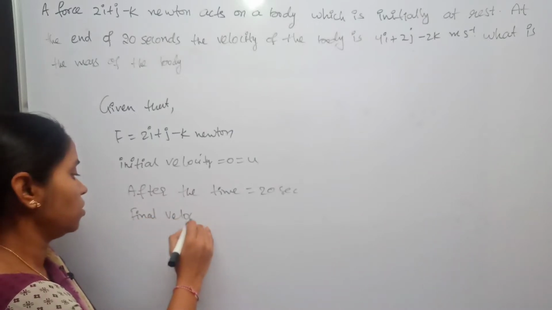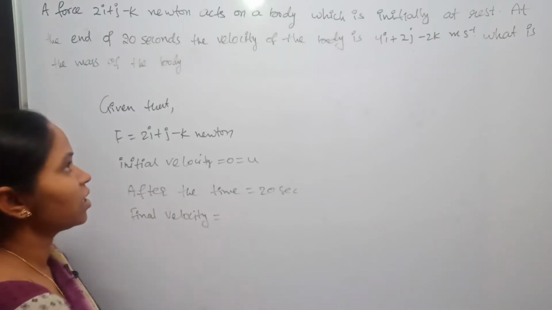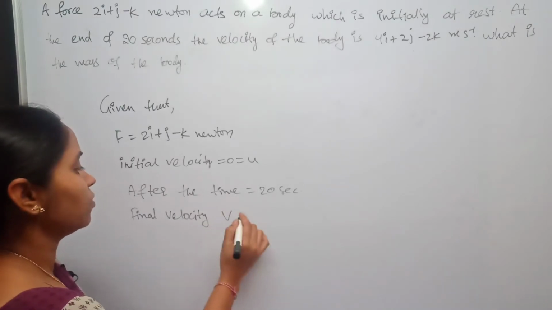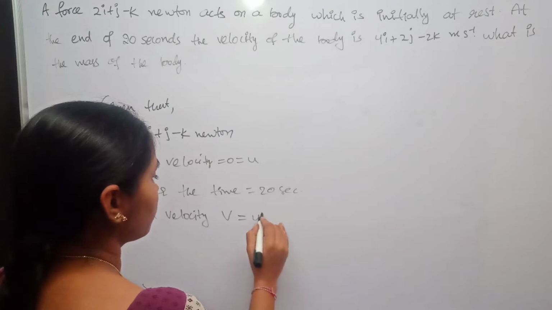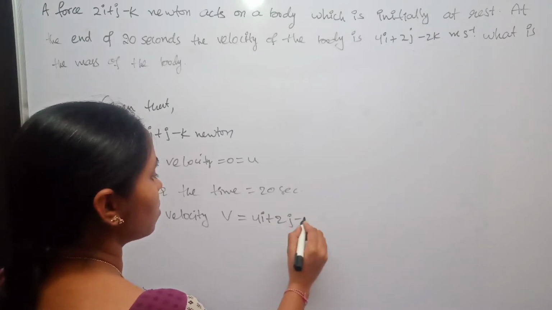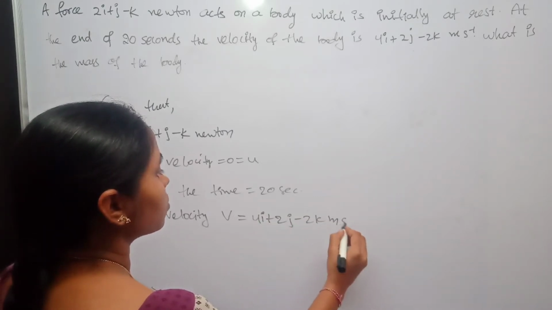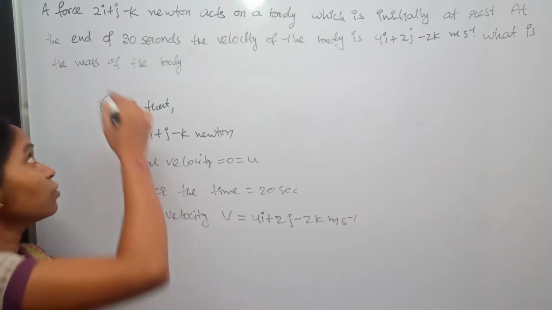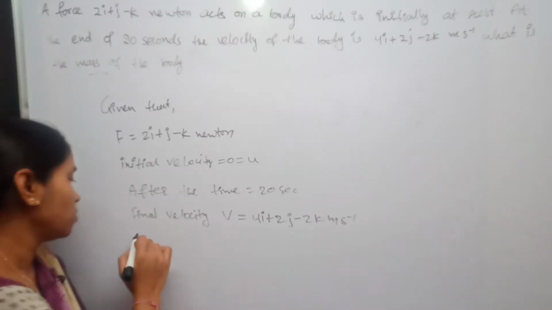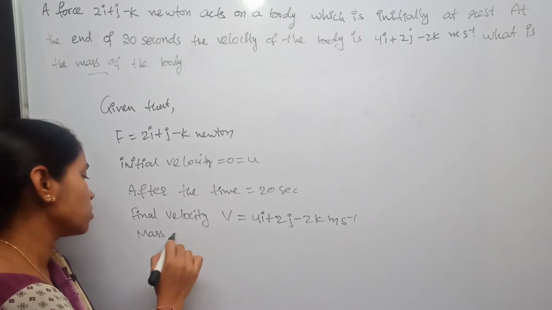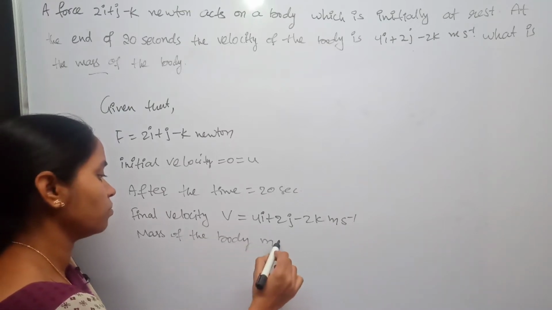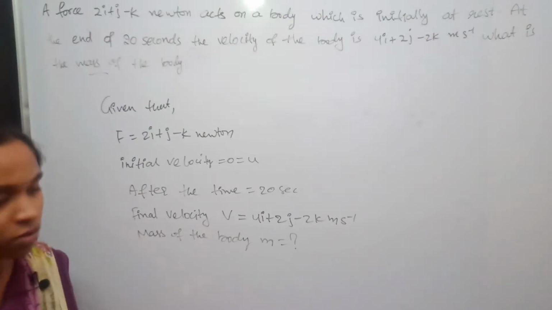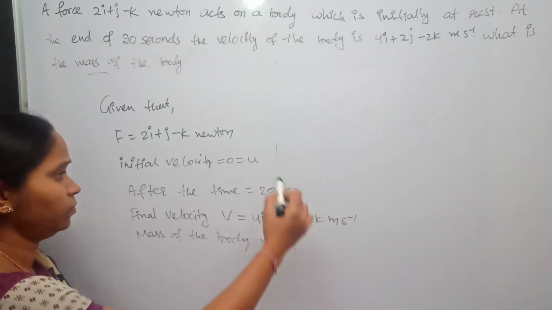Final velocity, which is denoted with v, is 4i plus 2j minus 2k meters per second. We have to find out the mass of the body, m. This is the given data.